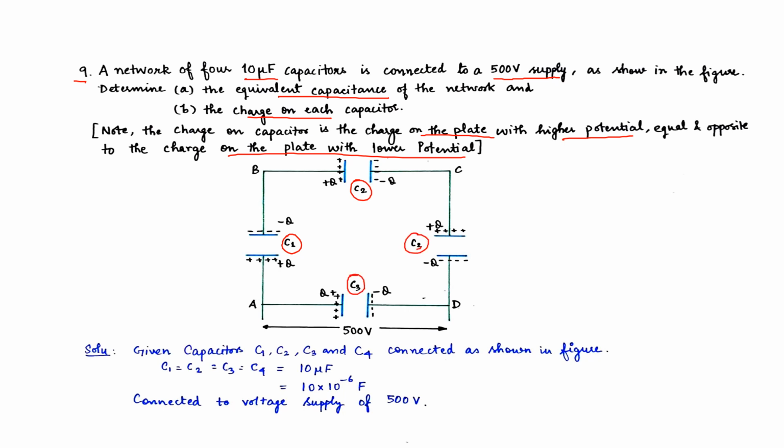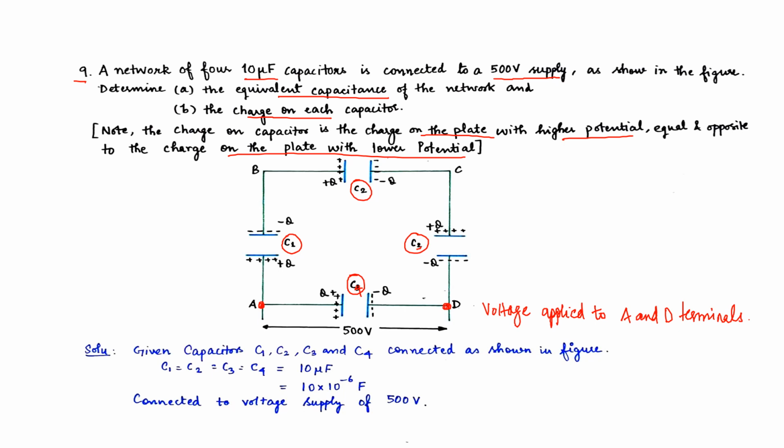This is C3 and this is C4. These 4 capacitors are placed, and from A to D we have applied voltage, applied to the A and D terminals.